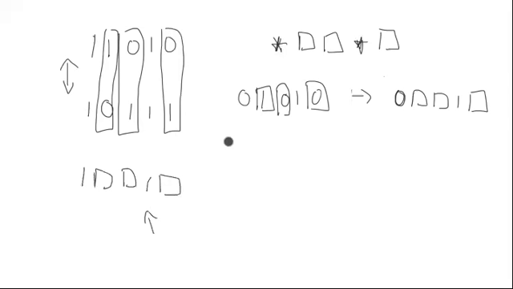And let's list them out. So we could have 1, 0, 0, 1, 0. We could do 1, 0, 0, 1, 1, or we could do 1, 0, 1, 1, 1. We could do 1, 0, 1, 1, 0.